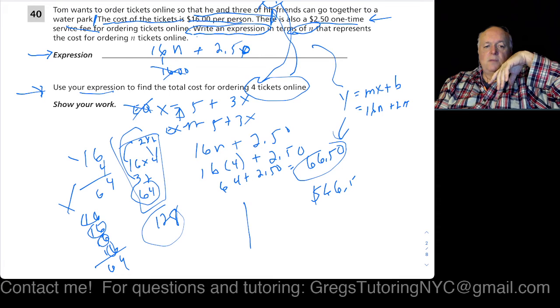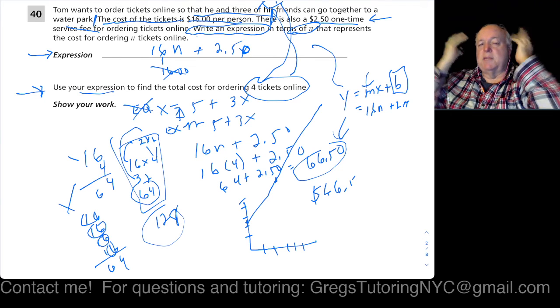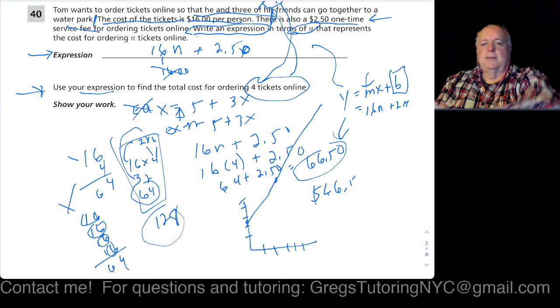If we had 1, 2, 3, 4, 5, our initial price would be the 2.50 right there. And if I had 1, I would be all the way up here at the 18.50. So we would end up getting a line that looks like that. That would be our equation. The b is the y-intercept, and this is our slope, for those who are unclear of it.